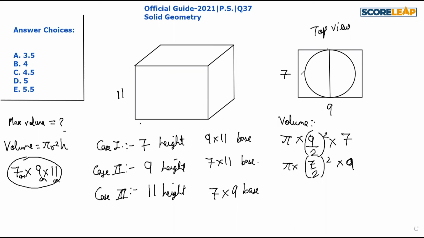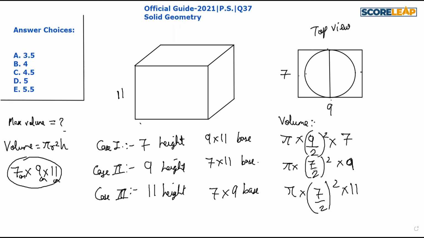If it is 9, then two points will go outside the box, which is not possible practically. So the volume is pi into 7 by 2 whole square into 11. Now we have to compare which of these three is the greatest.